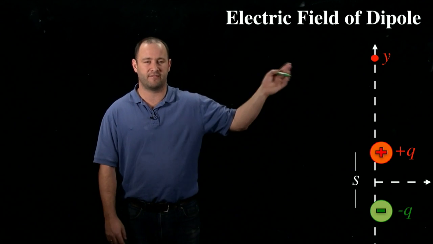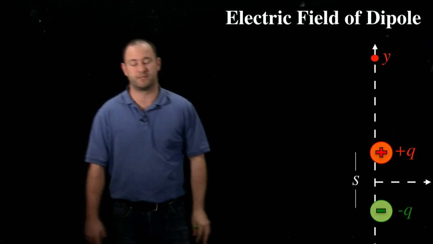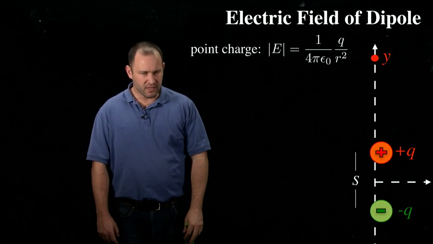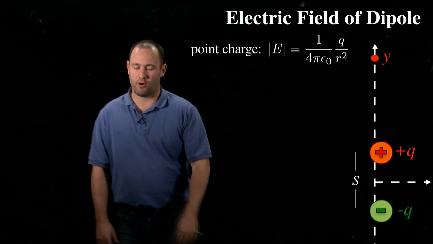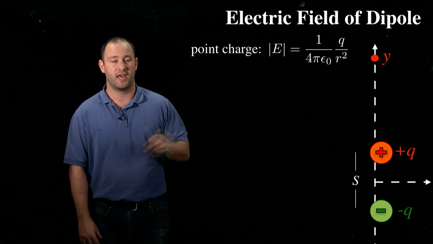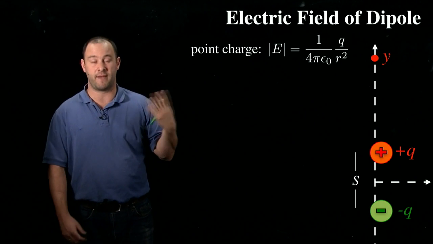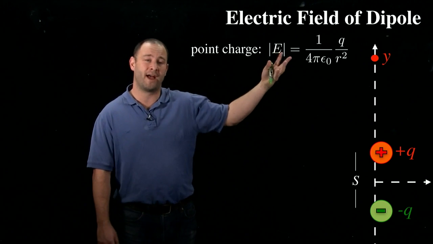We're going to calculate the value of the electric field up at this point y. As a little reminder, what we calculated for the point charge is this: the magnitude of the electric field around some point charge.